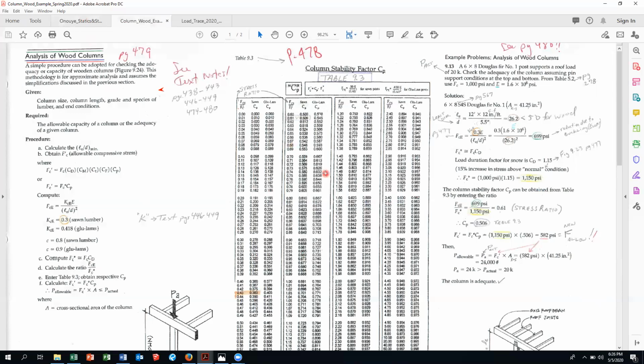Here's 478, this table 9.3, the column stability factor. And then the problem itself is on page 479. So we're going to walk you through these calculations.